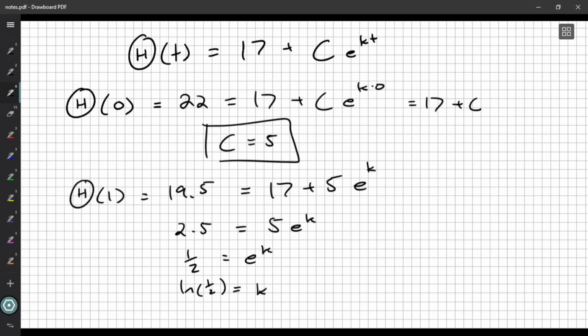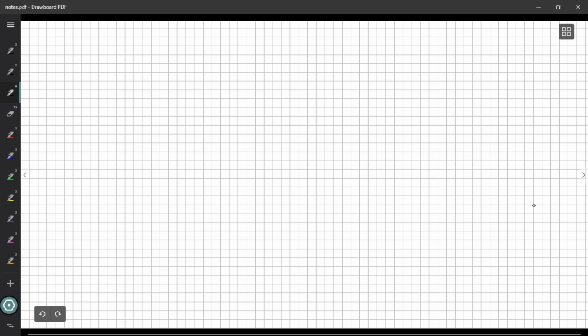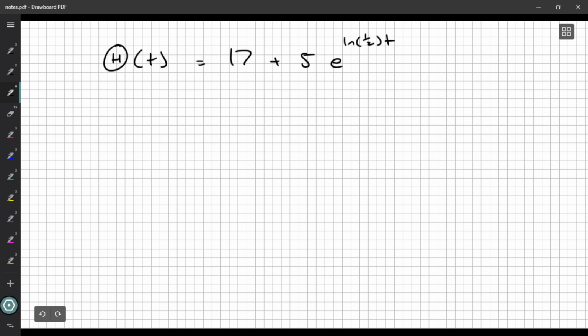So, what do we do now? This has given me c and k, so now I really do have my body temperature function, or maybe corpse temperature function. So k is ln 1/2. There's our temperature. We've got the function that we want, but what do we do now?